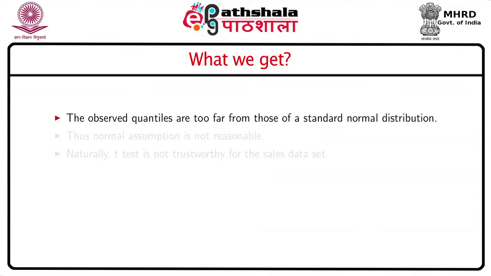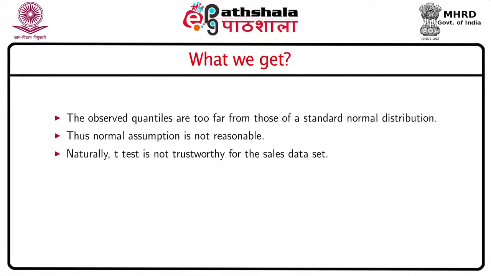We find that the observed quantiles are too far from those of a standard normal distribution, and hence the normal assumption is not reasonable. The t-test is not trustworthy for the sales dataset. So the p-value of 0.54, which is not significant enough to reject the null hypothesis, is not valid as the distributional assumption is not validated.